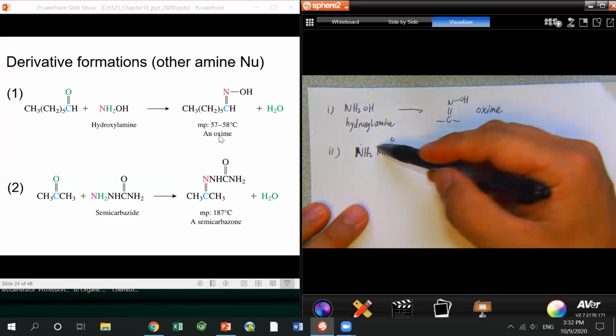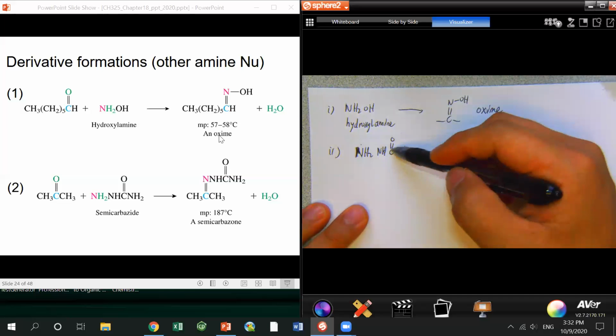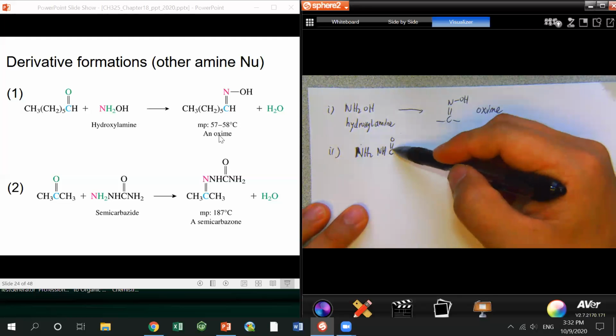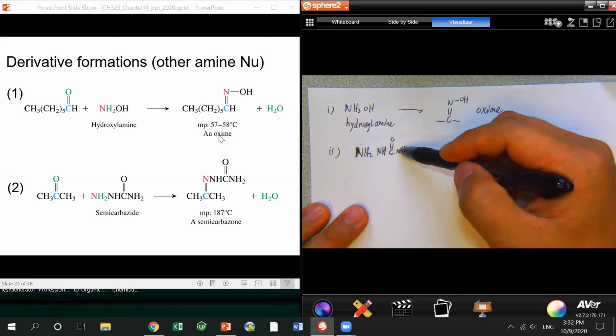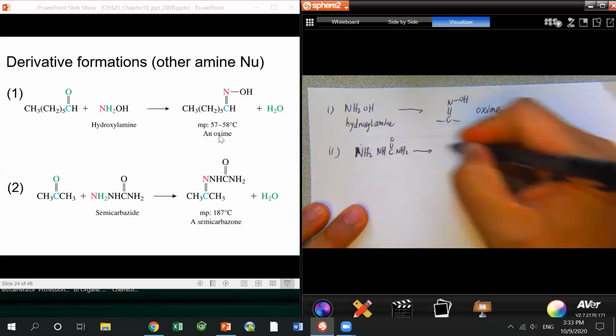It's the one without a carbonyl group attached, because these two have a carbonyl attached, so the nucleophilicity of these two nitrogens is pretty weak. But this one has only nitrogen attached, so that's pretty strong.